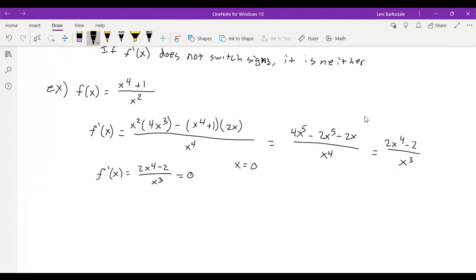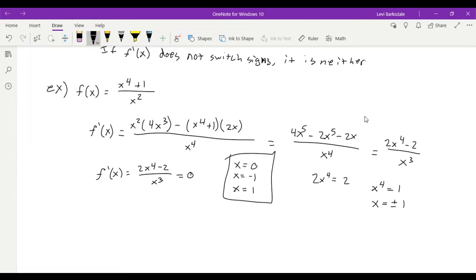The other way our function could have a critical point is if the numerator is equal to 0. So to do that, we set 2x to the fourth minus 2 equal to 0. So 2x to the fourth is equal to 2. X to the fourth is equal to 1. So x is positive or negative 1. So we have 3 critical points right there. X is 0, x is 1, or x is negative 1.